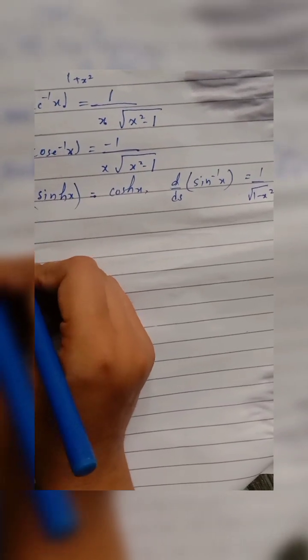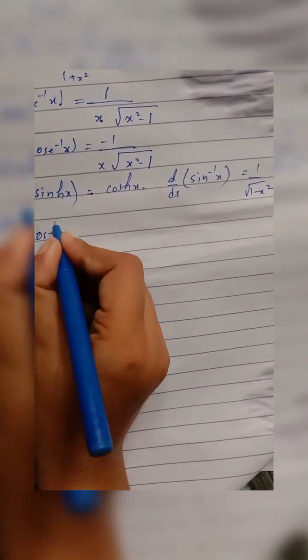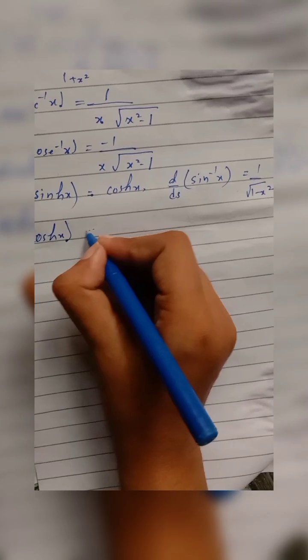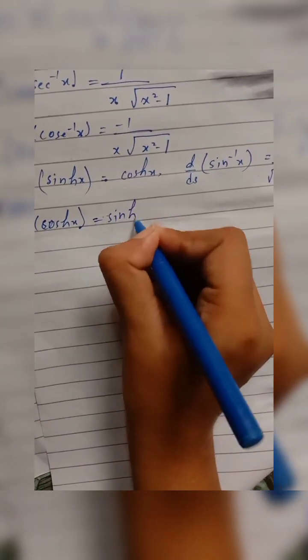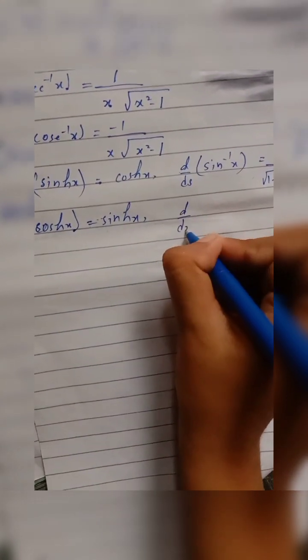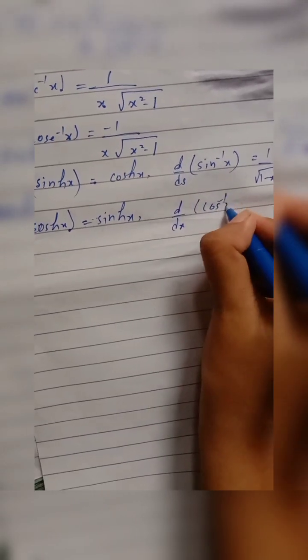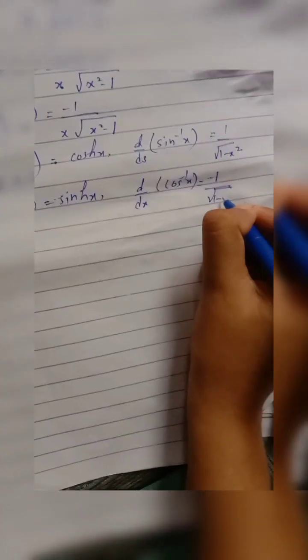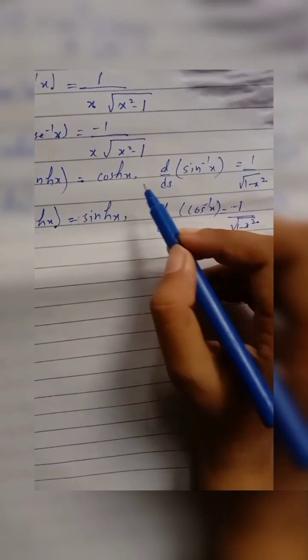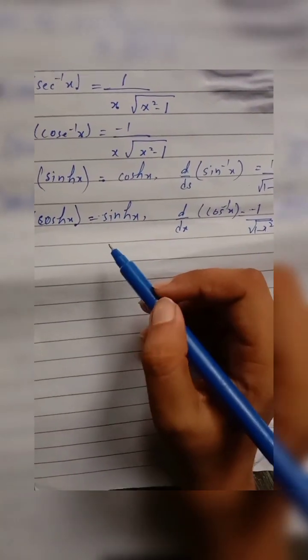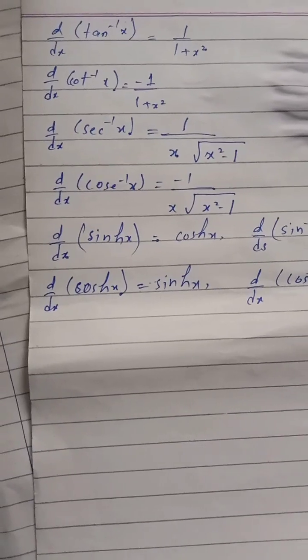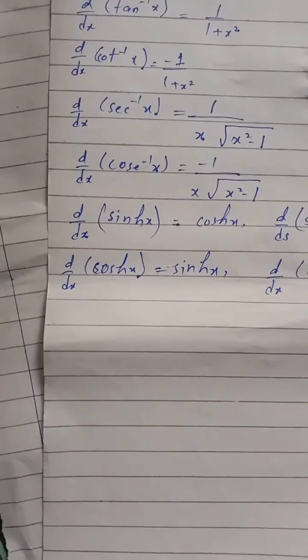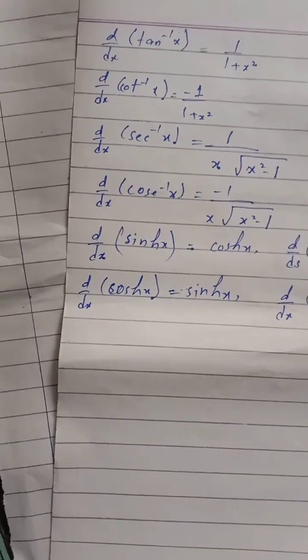Similarly, the derivative of cos hyperbolic x is equal to sine hyperbolic x, and the derivative of cos inverse x is equal to minus 1 over the square root of 1 minus x square. You can see the difference and it is easy to remember. It is important to know the formulas because without formulas you cannot solve exercises about derivatives.